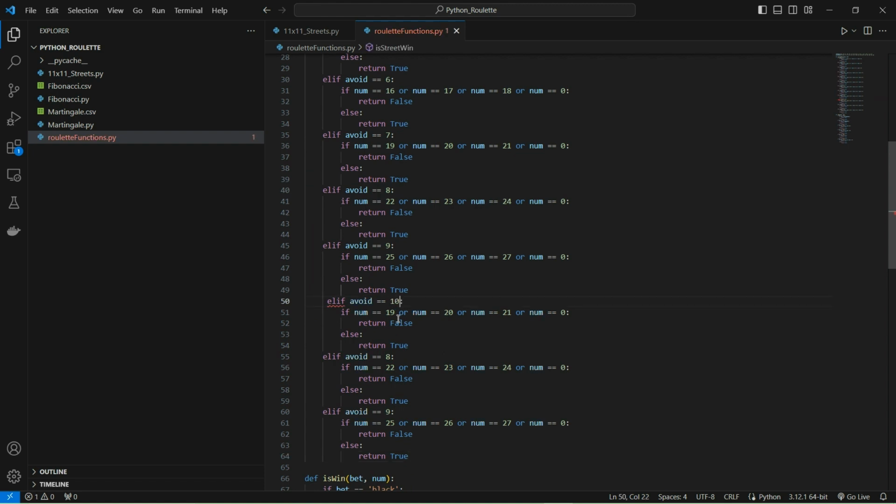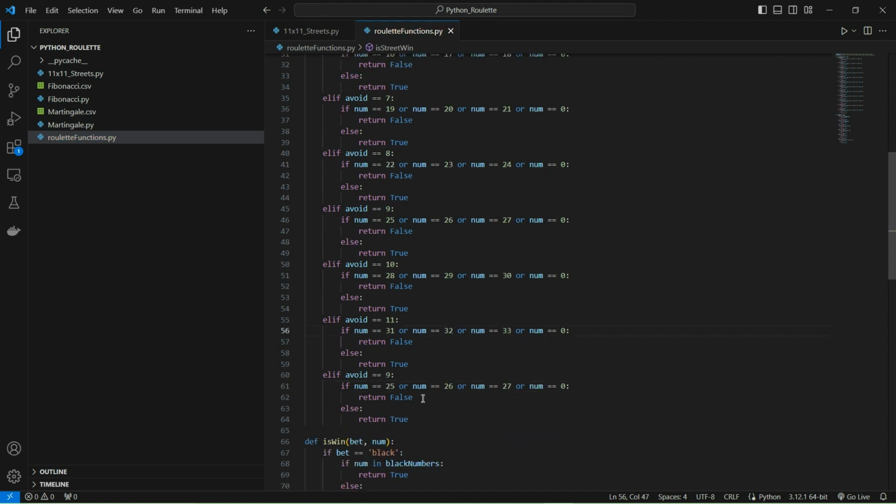If it is 10, then it is 28, 29 and 30. If it is 11, then it is 31, 32 and 33. And the final 12th street, if it is 34, 35 or 36, and of course 0.